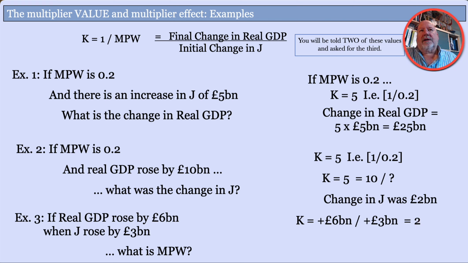Sometimes people get marks knocked off here because you're dividing 6 billion by 3 billion and they put 2 and then put billions of pounds. It is only a number, so try and remember that. So if K is 2, 1 over what is MPW? MPW must be 0.5 or a half. As I say, they can sometimes ask you what is MPC, so it's 1 minus the MPW, which is the same in this case, a half.